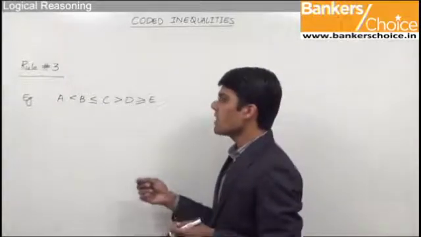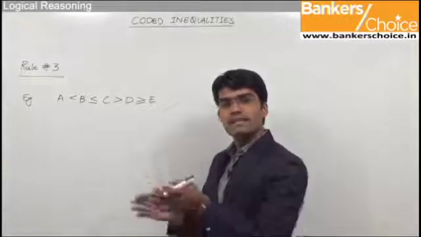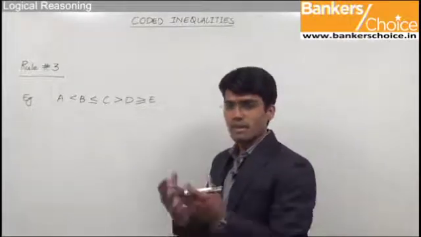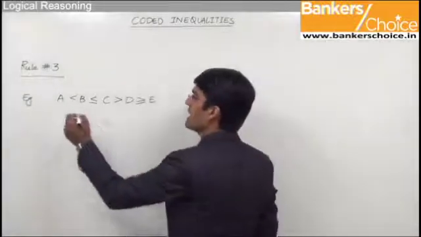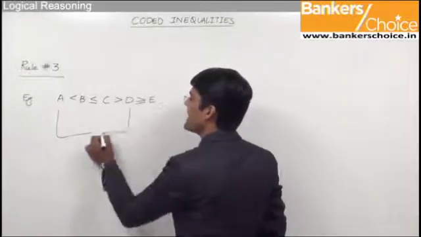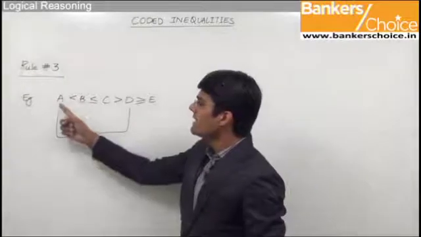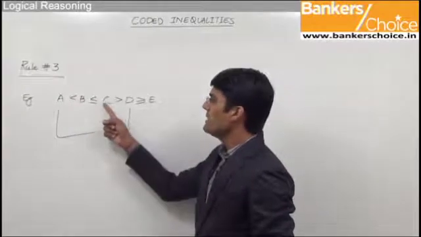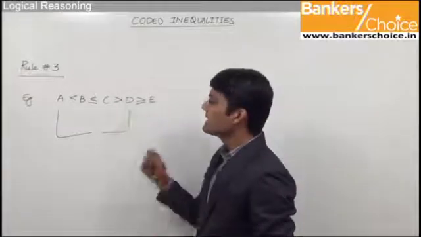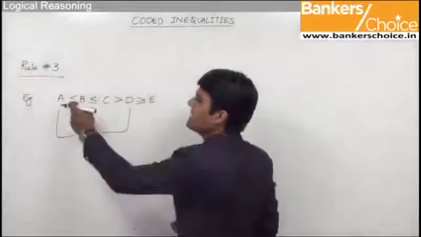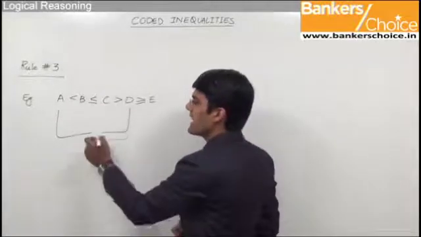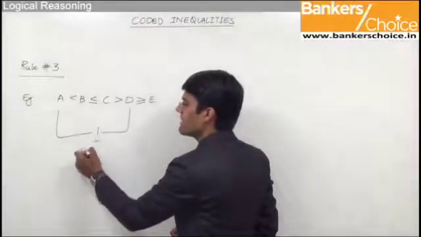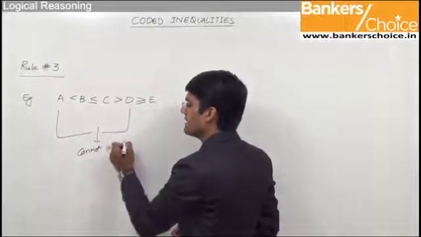So if we try to compare two variables such that there are dissimilar inequalities between them, then again the relationship cannot be determined. For example, let us assume we are comparing the variables A and D. As you can see here, A is less than B, B less than or equal to C, and C greater than D. So once we find two dissimilar inequalities between any two variables, we can say that the relationship between them cannot be determined.